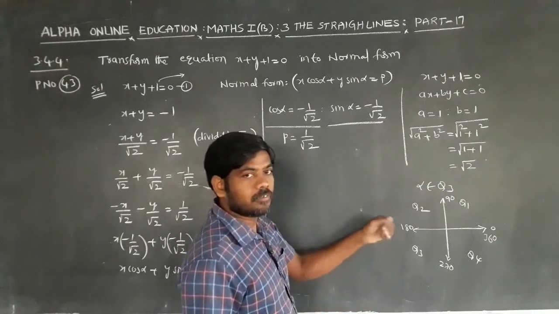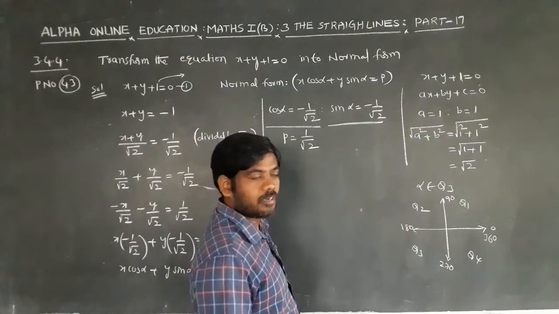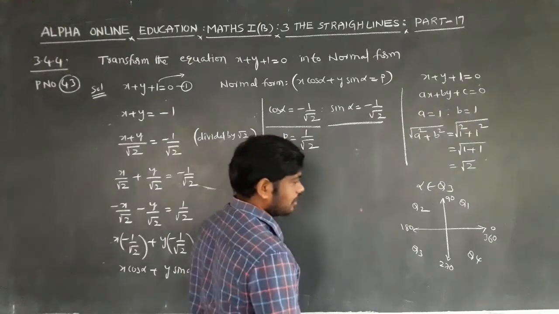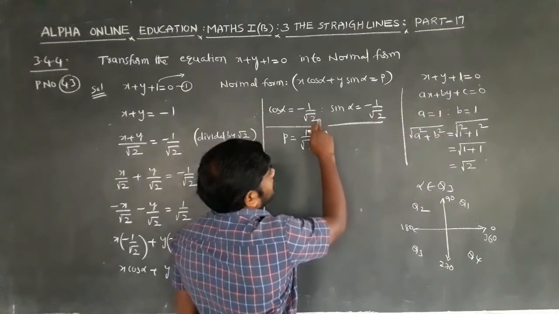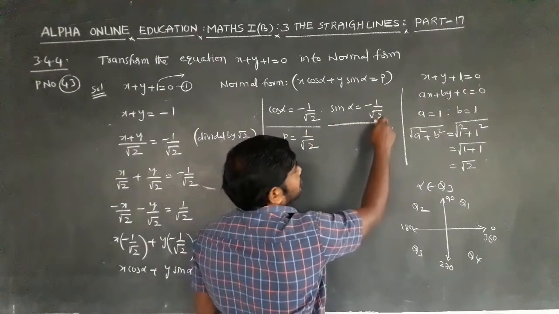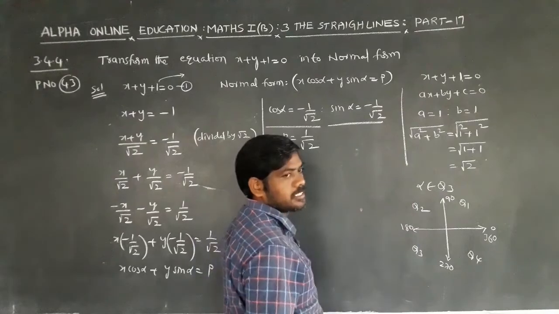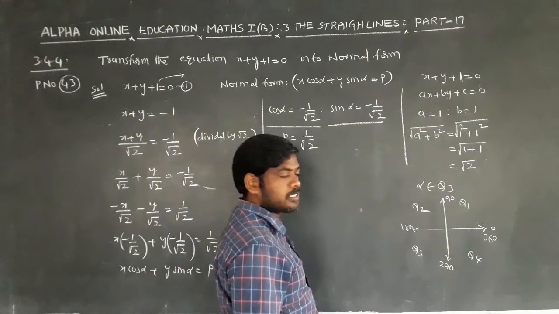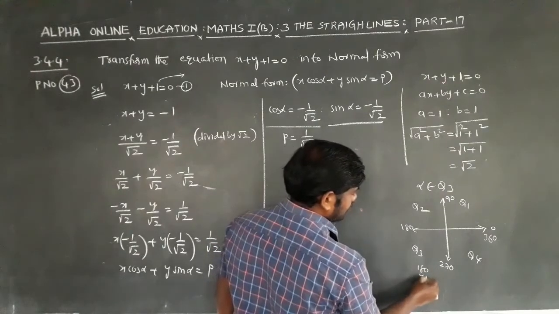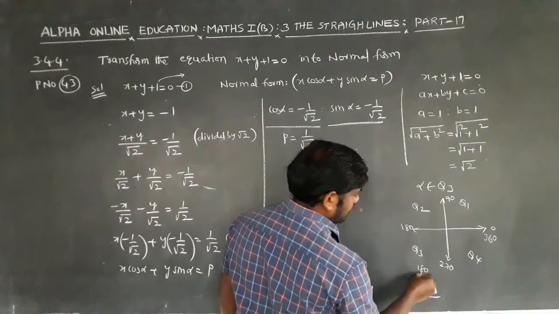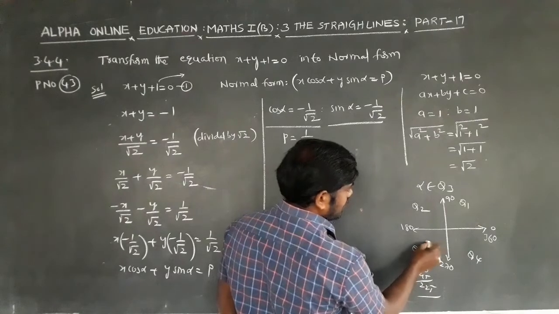Here we must find alpha, the angle. Cos 1 by root 2 means cos 45 degrees, and sin 1 by root 2 means sin 45 degrees. Both are negative, so in the third quadrant it is 180 plus 45, which is 225 degrees.